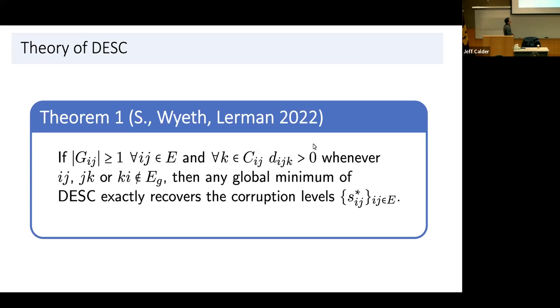I don't have to go over the proof details, but the idea is that if there is any Pij, the distribution of Sij star, that has non-zero mass on bad cycles, you can show that the objective function has value greater than 0. And you can further show that at the global minimum that recovers the corruption levels, the value of the function is 0. You cannot go below 0, and if you reach 0, you know you reach global optimality.